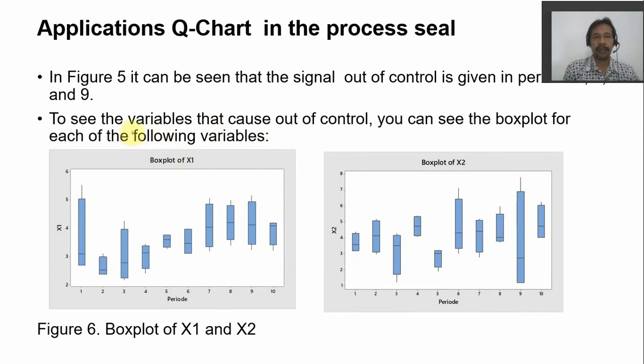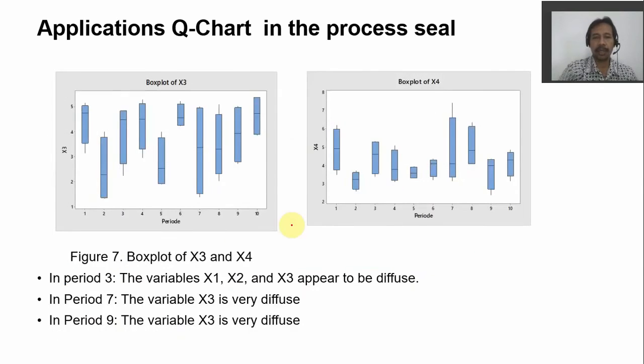To see which variable goes out of control, we can look at the box plot for each of the variables. This is the box plot of X1, this is the box plot of X2, and then the box plot of X3 and X4.